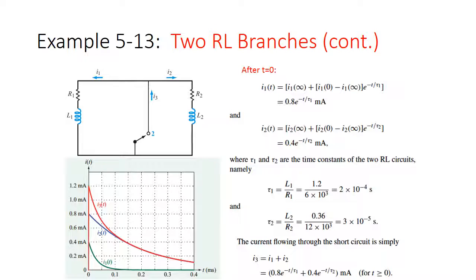We're also going to be able to add them together, because remember, currents into a node equal current out of a node. So I3 is going to be the sum of these two individual current versus times: the 0.8 e to the minus t over tau 1, which we've already calculated, and the 0.4 e to the minus t over tau 2, which we've already calculated.